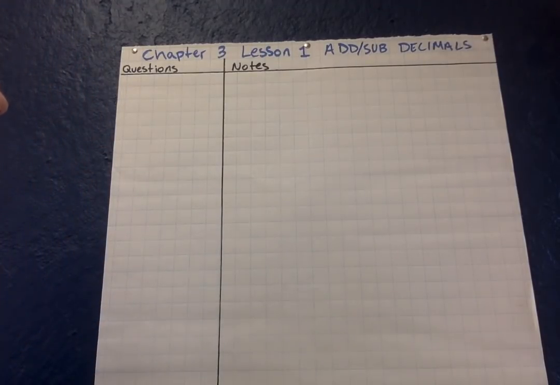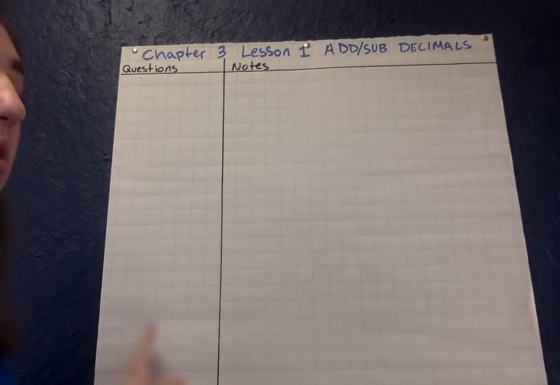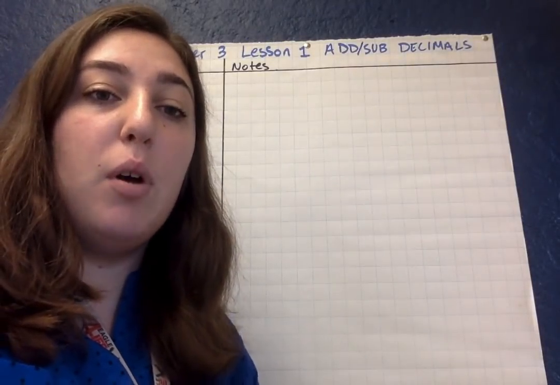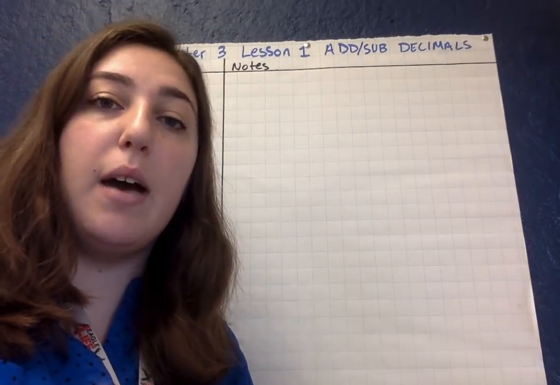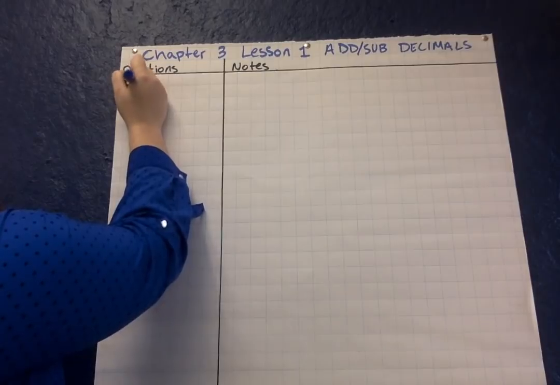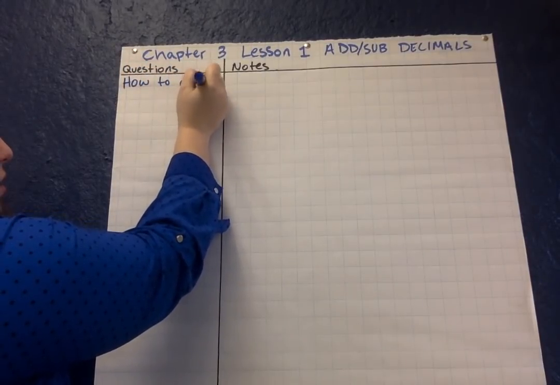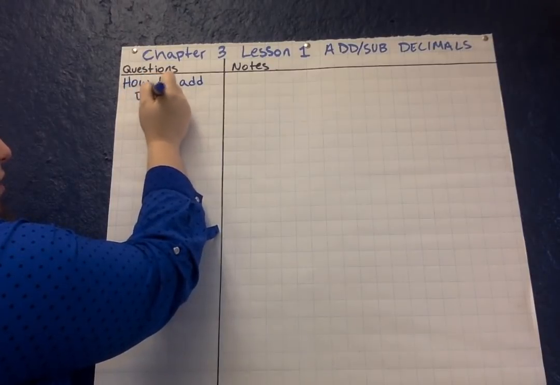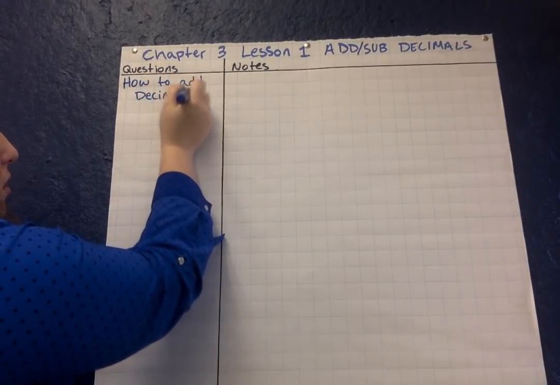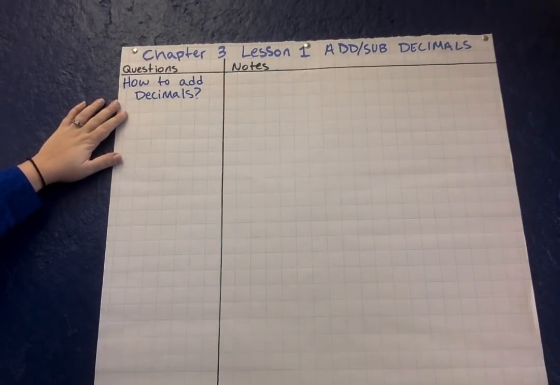All right, so first, we're going to add decimals. So to add decimals, we just need to make sure that we're lining up our decimals correctly. So in this column, I wrote how to add decimals.